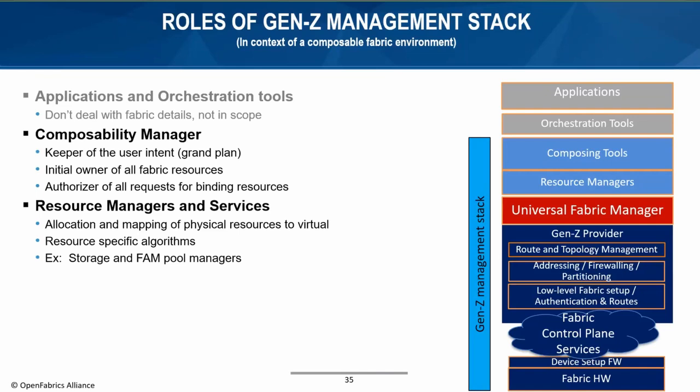The highest level that needs to explicitly control fabric components is the composability manager. So this is the layer that has visibility of all the logical resources that can be assigned. If it's on the fabric and it's available to be assigned someplace, the composability manager has to know about it. It's the keeper of the grand plan on what the fabric and all its resources and all its fabric managers are trying to accomplish.